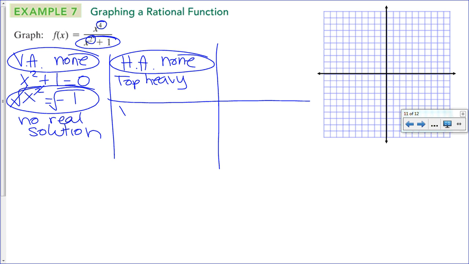To find the x-intercept, remember we're going to use the shortcut, which is to let the numerator, x to the 4th, equal 0. If we take the 4th root of x to the 4th and the 4th root of 0, that will take care of the radical, so we get x, and the 4th root of 0 is just equal to 0. Wait a minute, looks like I did something wrong.